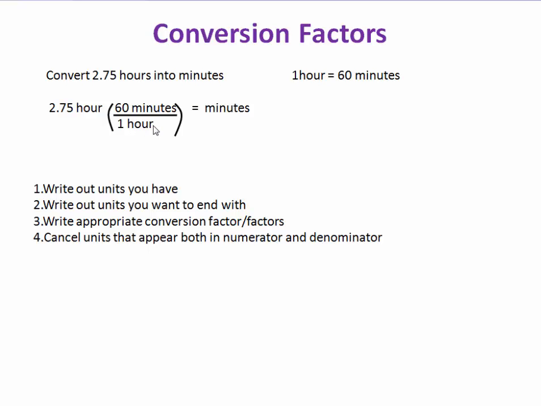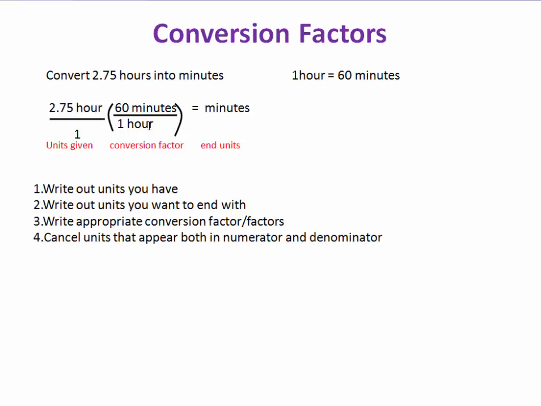The units are hours. So if we write this as fractions, 2.75 over 1, and then we try to work out which way round this should be. Should it be 60 over 1 or 1 over 60?